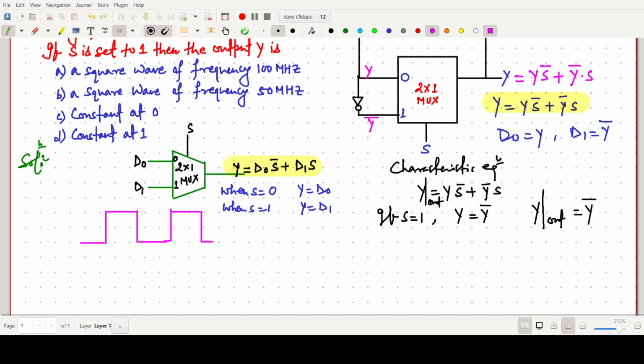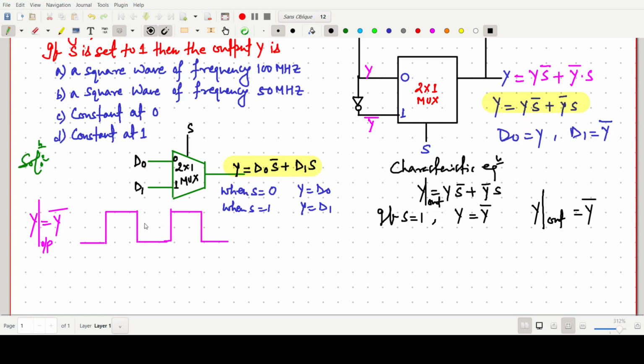It will behave like this: Y equals Y bar, where Y is the output. For 0 the output will be 1, and so on.